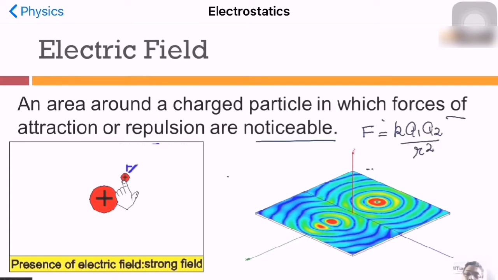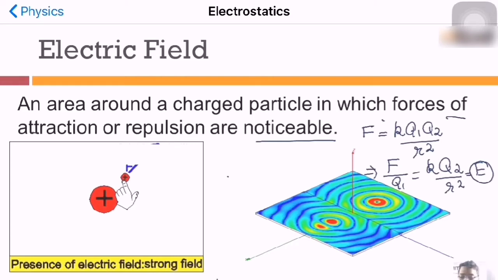So if I say one of the charges is a unit charge, I can just put it as F by Q1 either way. So that is going to give me K Q2 upon R square. This is the influence of the particular charge Q2 anywhere at a distance R, if I just take the magnitude, not the direction. So this is how we define the electric field.